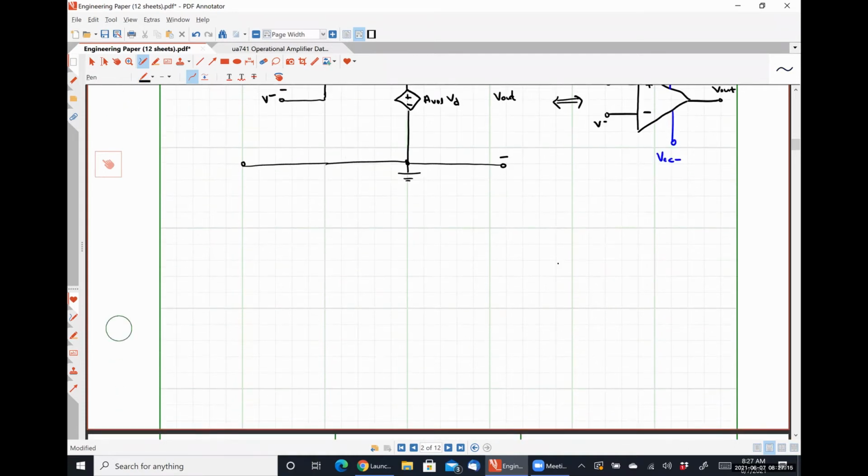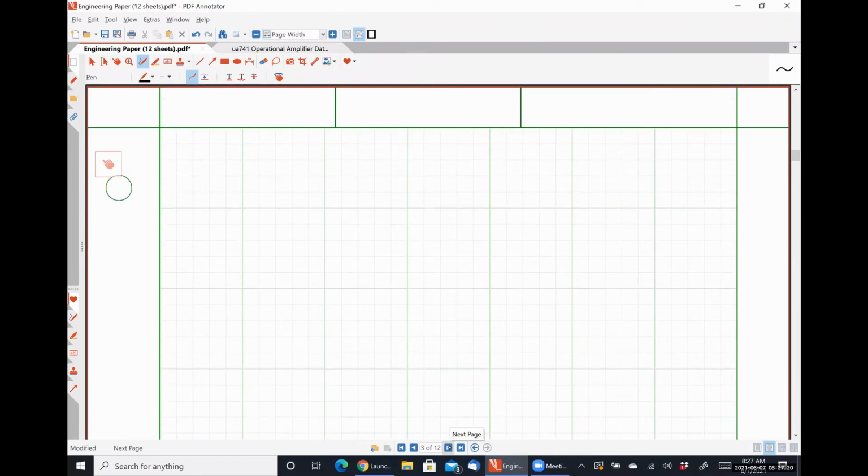How much space do I have here? Let me go to the next page. So let's say that I want to analyze the following circuit, where I have connected a 1-volt source to the non-inverting input terminal.